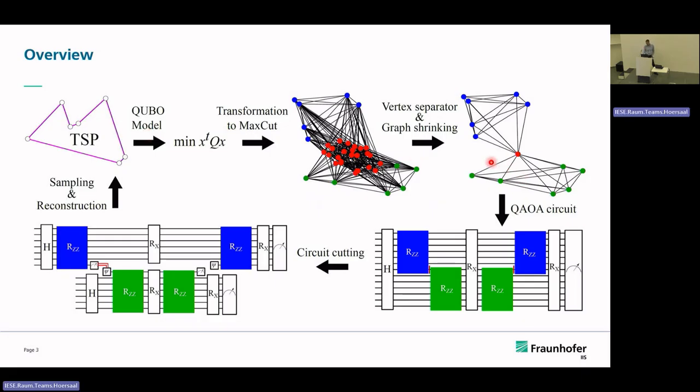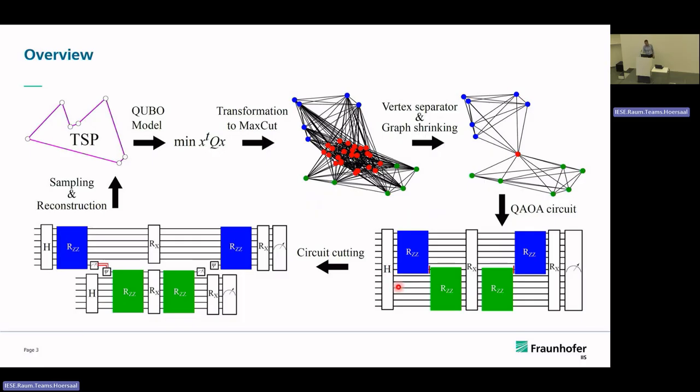Okay, then what you do is you construct the QAOA circuit from that instance, and that gives you blocks of RZZ gates. So the blues here, this is p equals 2, a two-layer QAOA, and you can arrange the RZZ gates in each layer as you like, because they commute.